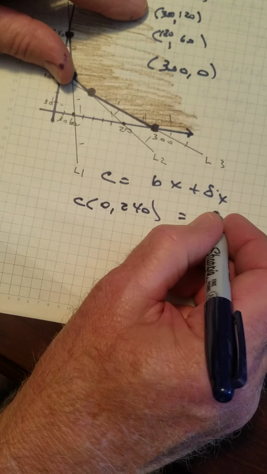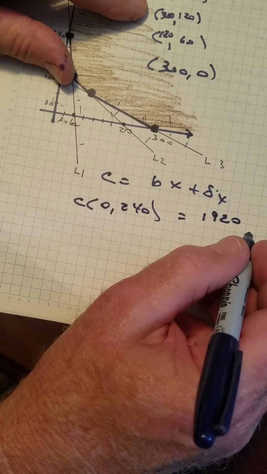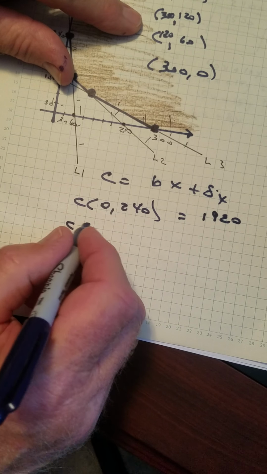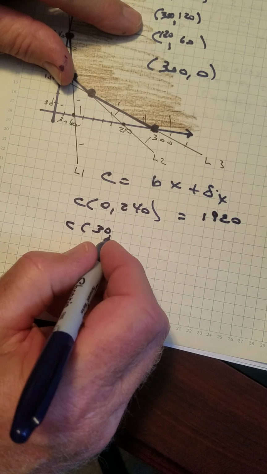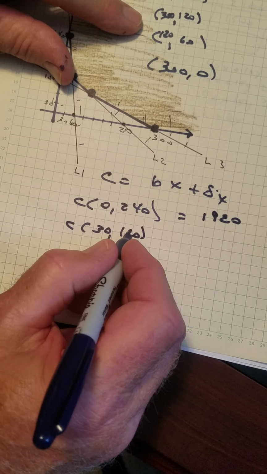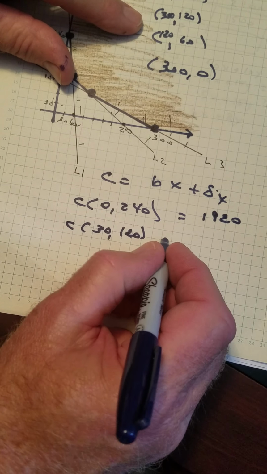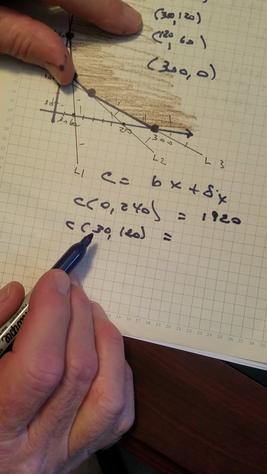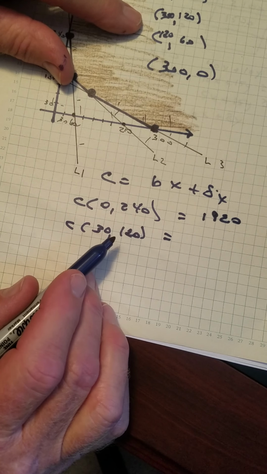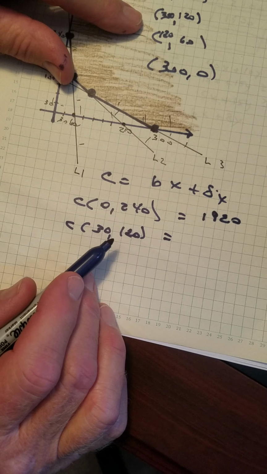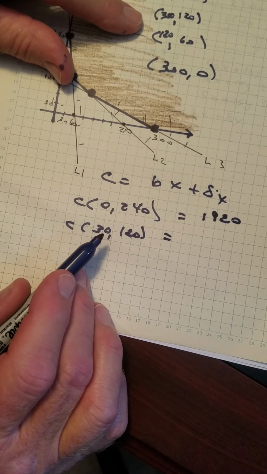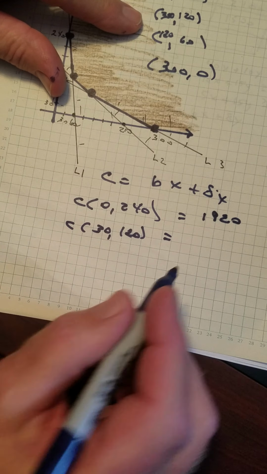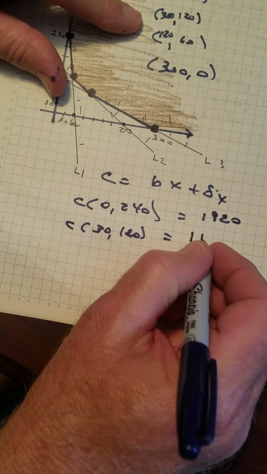That's going to be 1920. Then I'm going to find the cost of 30, comma, 120. So 6 times 30 is 180, and 8 times this is going to be 960. So 960 and 180 is, I believe, 1140.